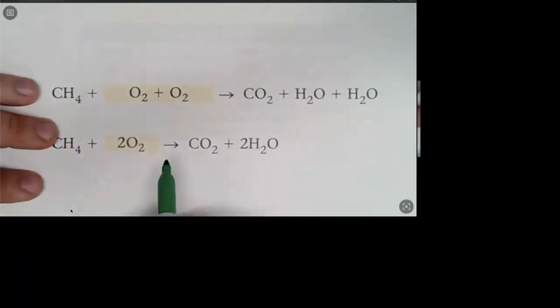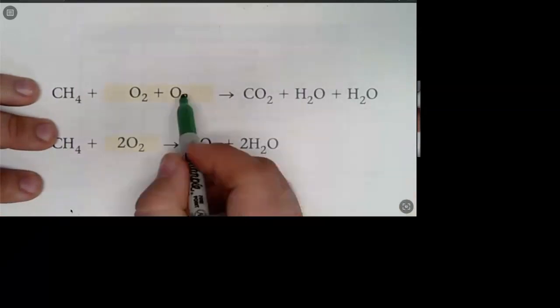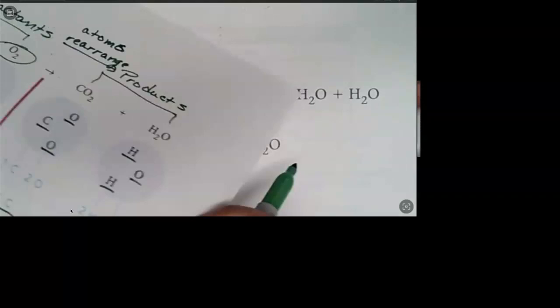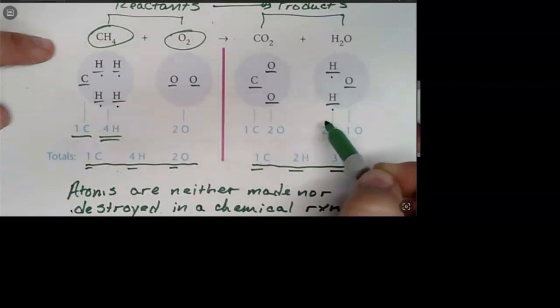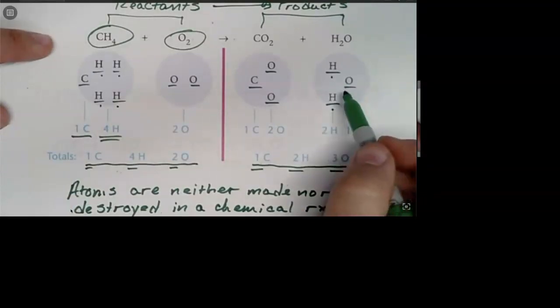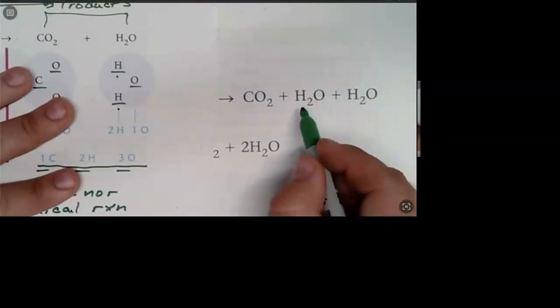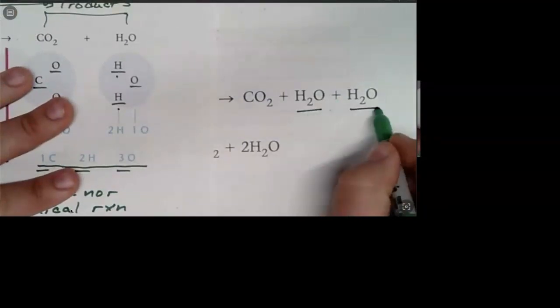So if I go back and look here, I moved this too soon. I know I have 4 hydrogens. Over here, I only have 2, which means those other 2 hydrogens must have made an additional water. So those 2 hydrogens made an additional water.